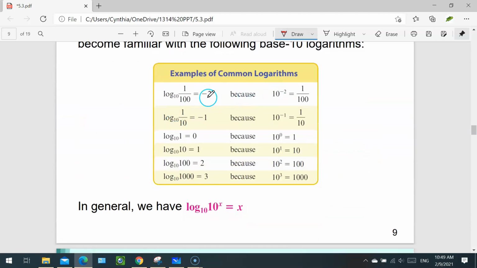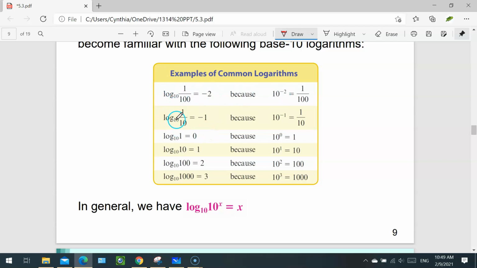Now we look at the table here. Log base 10 of 1 over 100 is equal to negative 2, because when I convert this logarithm form back to the exponential form, I rewrite it as 10 to the power negative 2, and 10 to the power negative 2 is equal to 1 over 100.